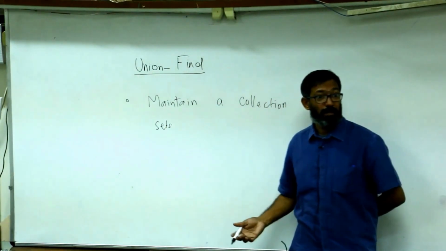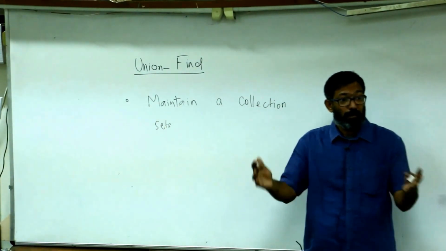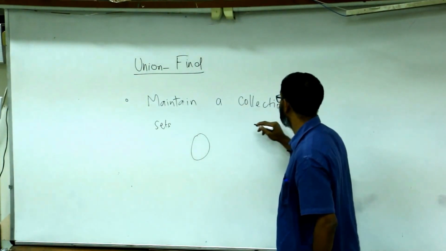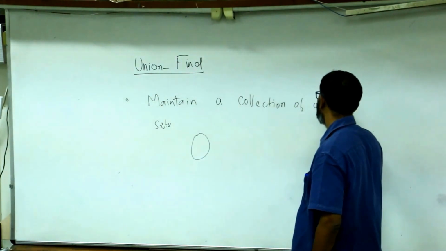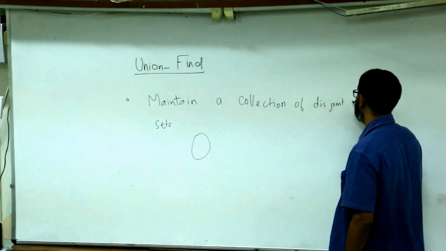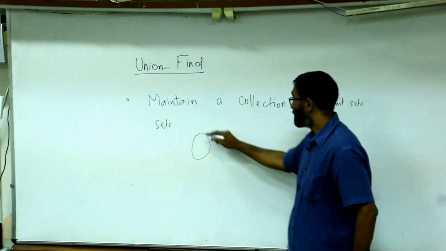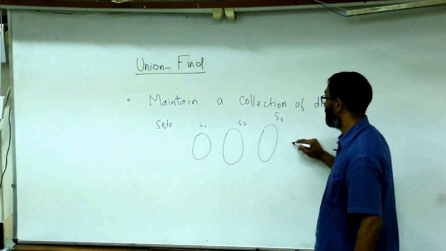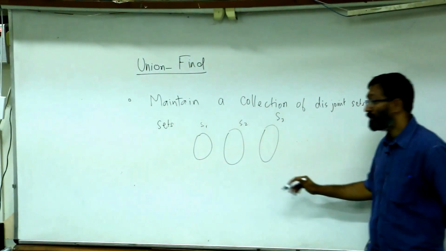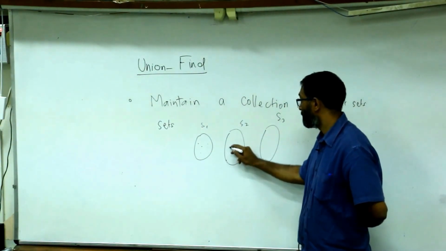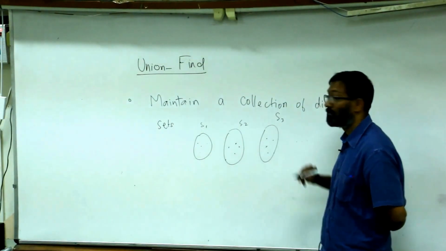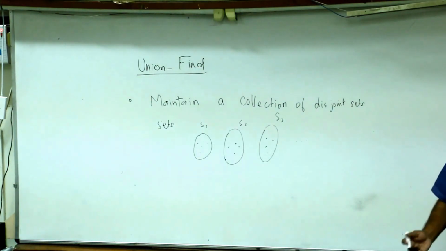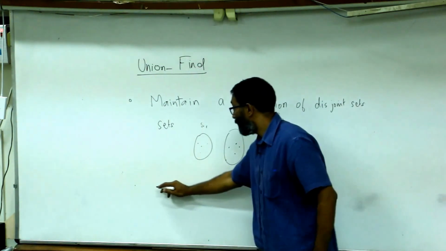So I have a universe of elements, and I want to maintain them in some sets, disjoint sets. Okay, so this is set 1, here is set 2, set 3, and so on. And there are these disjoint sets and each has some elements. Okay, so I want to maintain these disjoint sets.